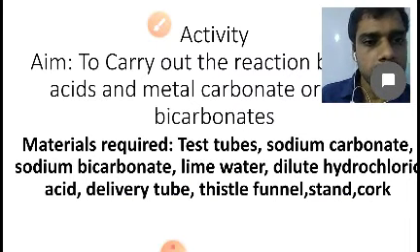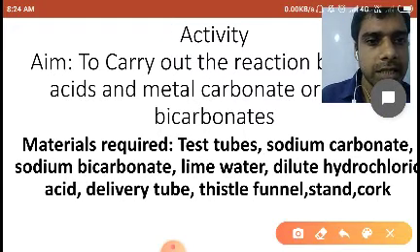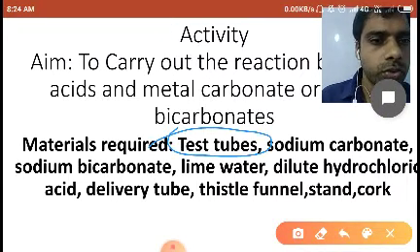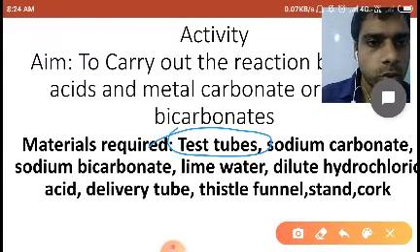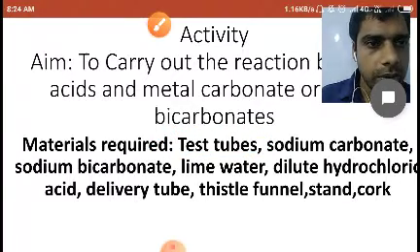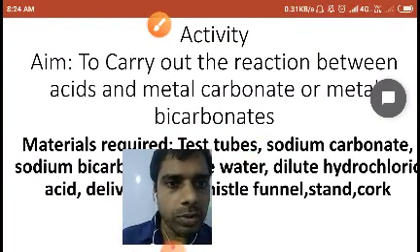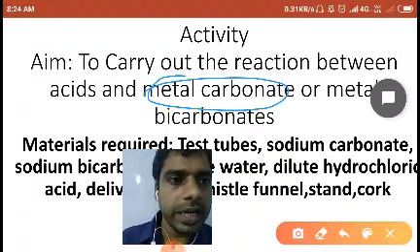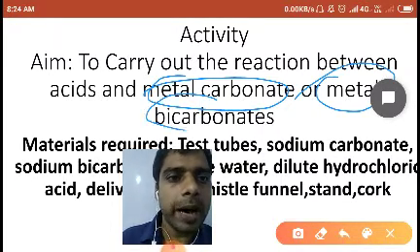As you know, this reaction activity is done in the test tube. Here you see that two compounds are there. The first one is metal carbonate, and the second one is metal bicarbonate.